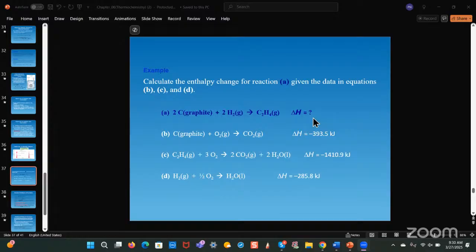Okay, so last time we were here, we were discussing Hess's law, and I think it's important that I recap Hess's law so that you can understand how to do the example we're about to do.